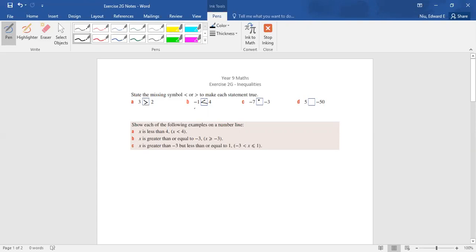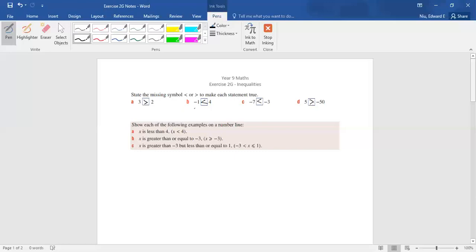So -7 is smaller than -3 because -3 is closer to 0. 5 versus -50, well, we know -50 is way smaller because that's way past 0, okay? Whereas 5 is well above 0, and like so.